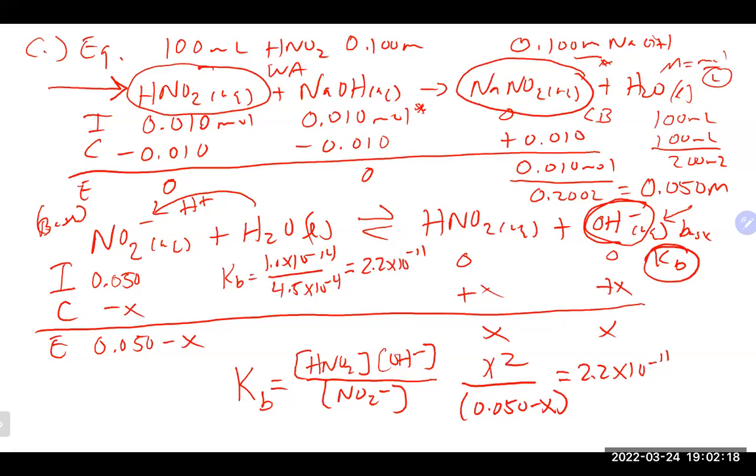Any questions so far? That's a pretty small value, so I'm going to make the assumption here and assume that X is equal to 0 in the denominator. And when I do that, I'm going to get X squared divided by 0.05 is equal to 2.2 times 10 to the minus 11.